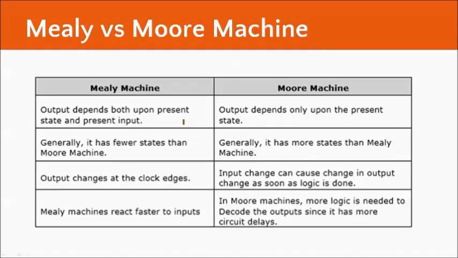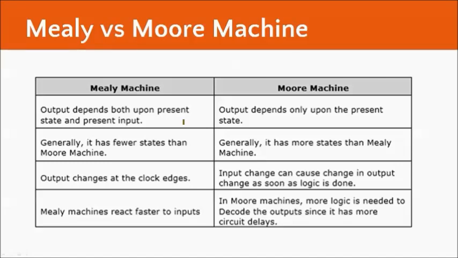So to compare the Mealy versus the Moore machine, just to summarize: Mealy output depends on both the present state and the present input. Moore machine output depends only on the present state. The Mealy machine has fewer states, the Moore machine has more states. In the Mealy machine, output changes at the clock edge.